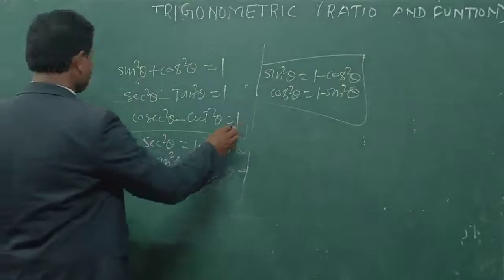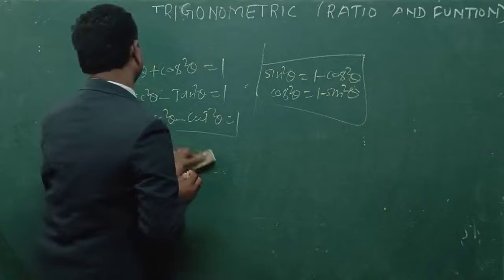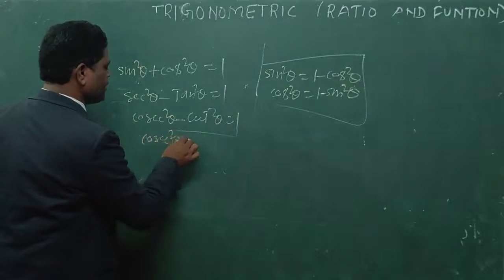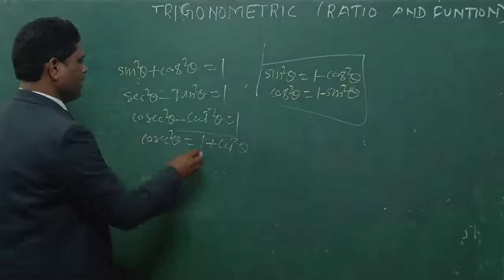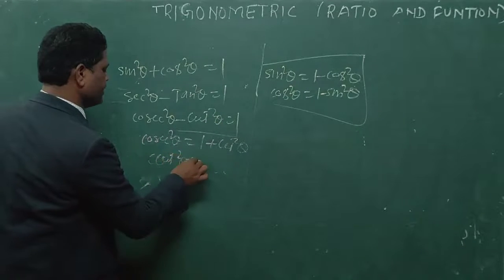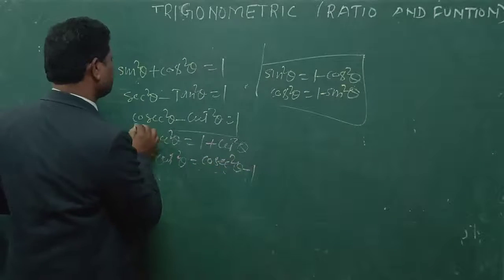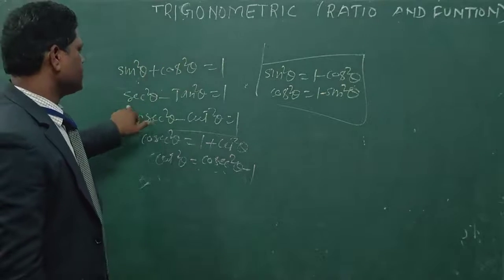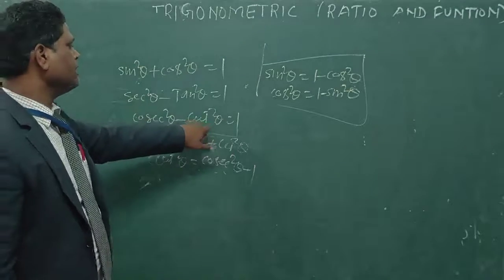Cosec square theta equals 1 plus cot square theta, so cot square theta equals cosec square theta minus 1.